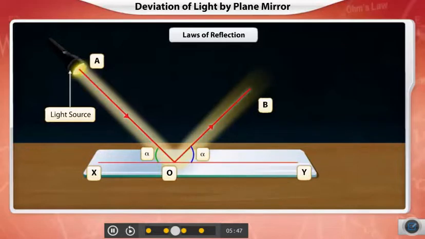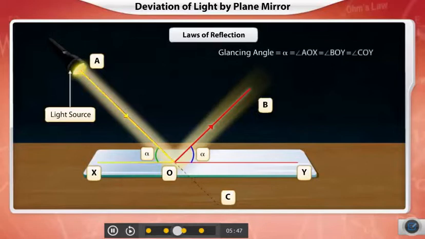When light is reflected from a mirror, it is deviated from its original path. Here, the original path can be marked as OC. This means that the angle AOX or BOY or alpha is equal to the angle COY.